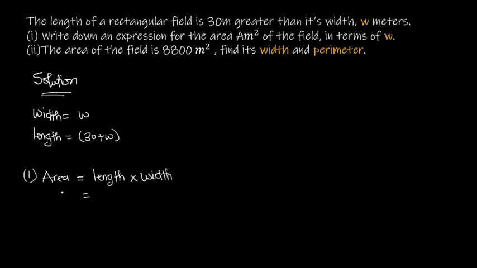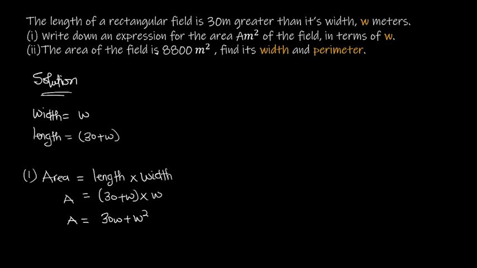So area is equal to our length, 30 plus W, and our width, W. If we expand this bracket, we get 30W plus W squared, and so this becomes the expression for our area: 30W plus W squared.